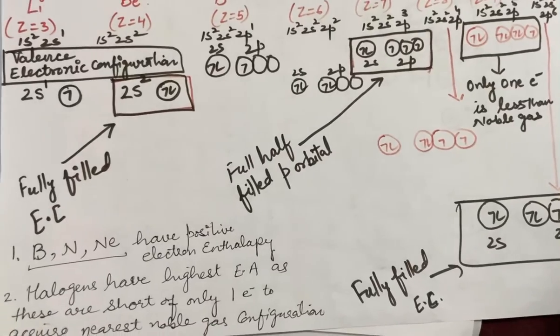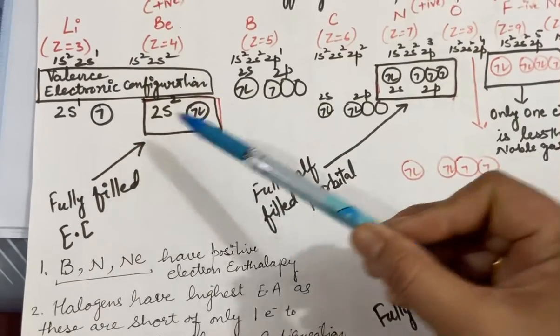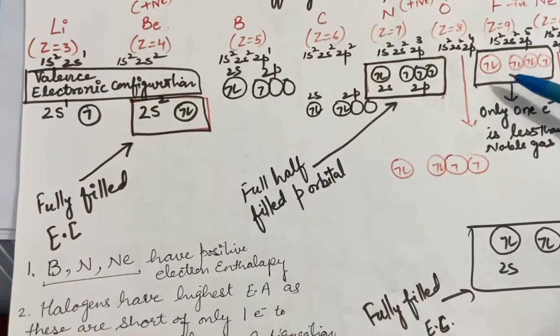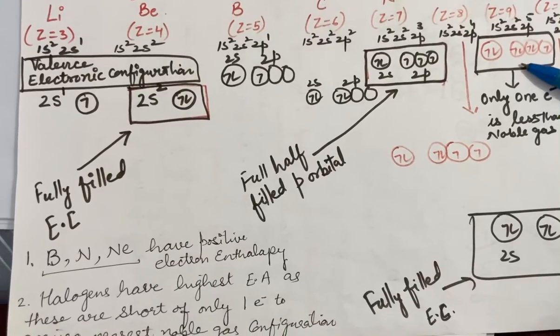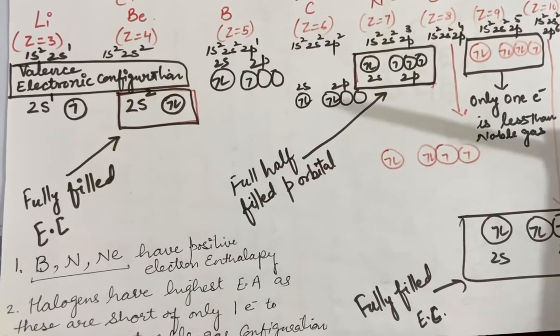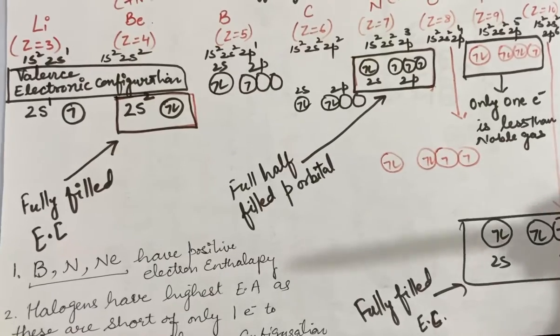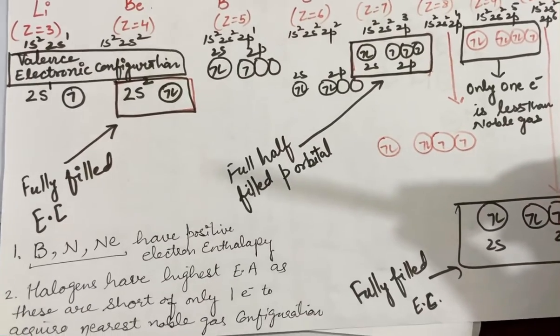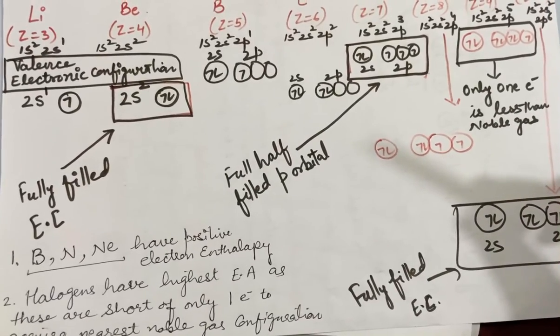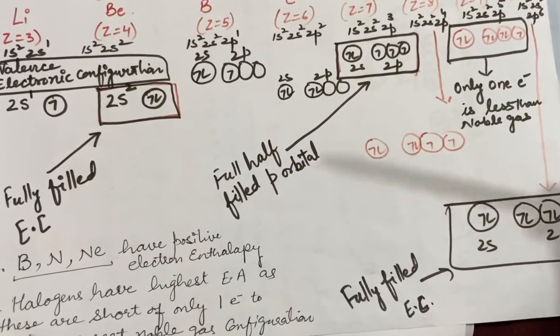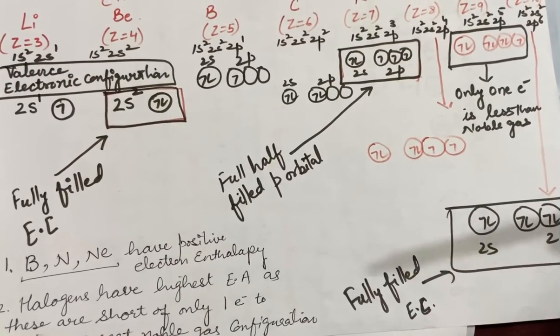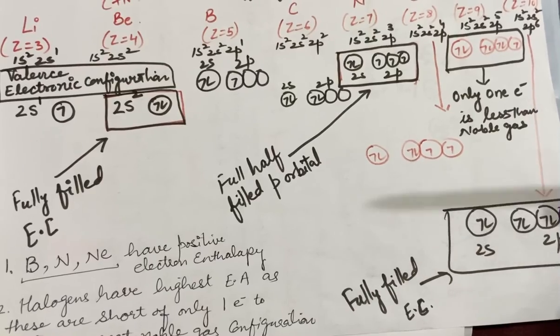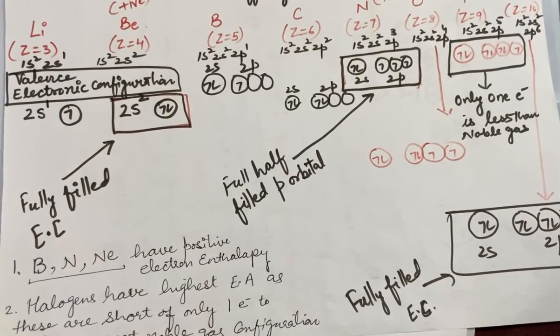So the electron affinity of halogens in a particular period is the highest. This is due to the reason that halogens have only one electron less compared to the nearest noble gas configuration. That's why every halogen in its particular period has the greatest, highly negative electron affinity.